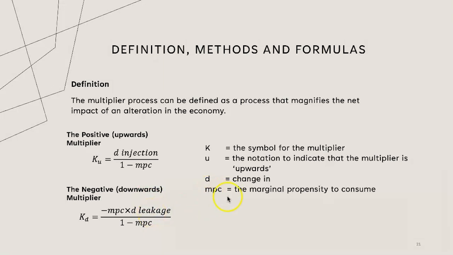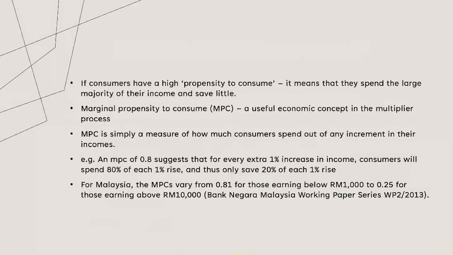Whereas the MPC is the marginal propensity to consume. What is MPC? For the marginal propensity to consume, if the consumers have a high propensity to consume, which is a high MPC, it means that they spend the large majority of their income and save little.